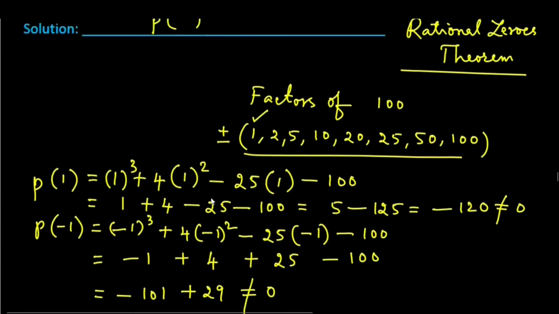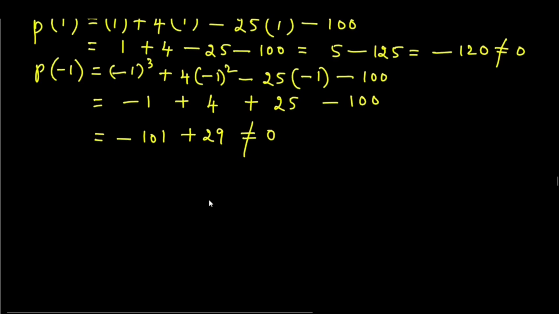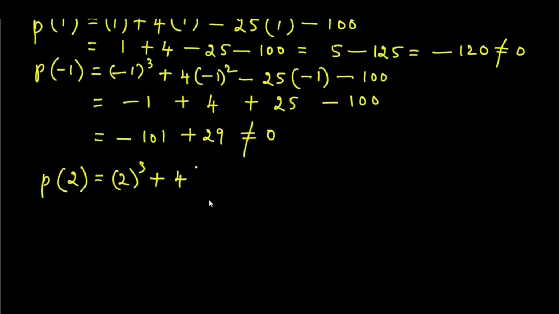Now here we can go for 2 and then we can go for 5. Let us first take 2. P of 2 is equal to 2 cubed plus 4 into 2 square minus 25 into 2 minus 100.